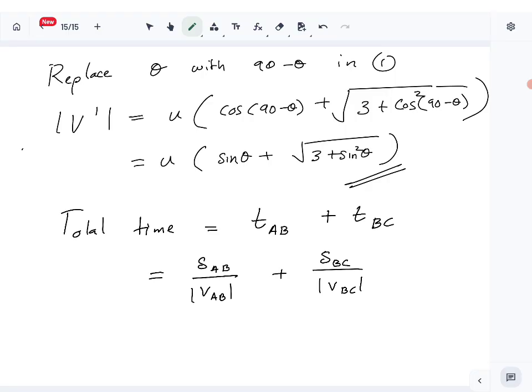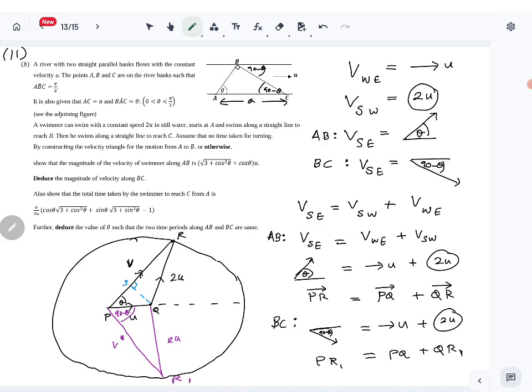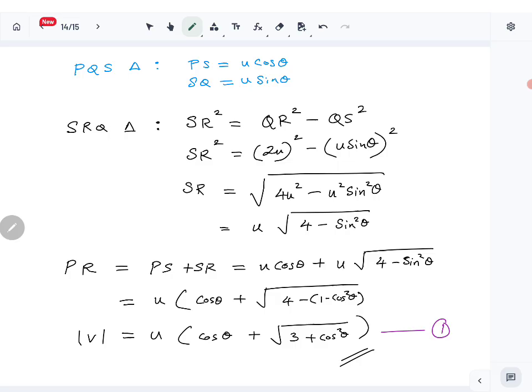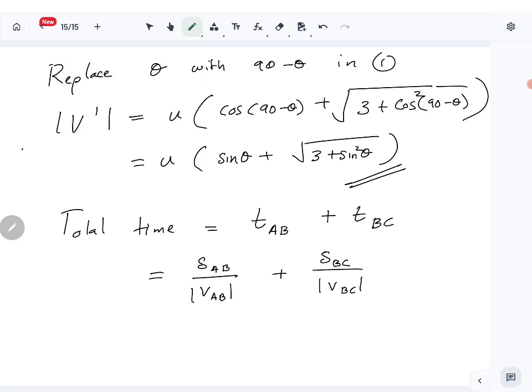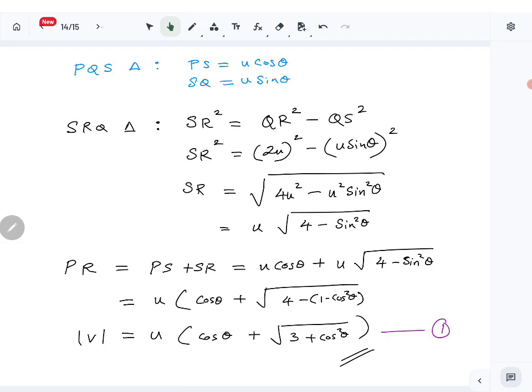So speeds we found, distance we need to find. We have to use this length is A, no? So then AB length is what? A cos theta. So AB is A cos theta, BC is A sin theta.